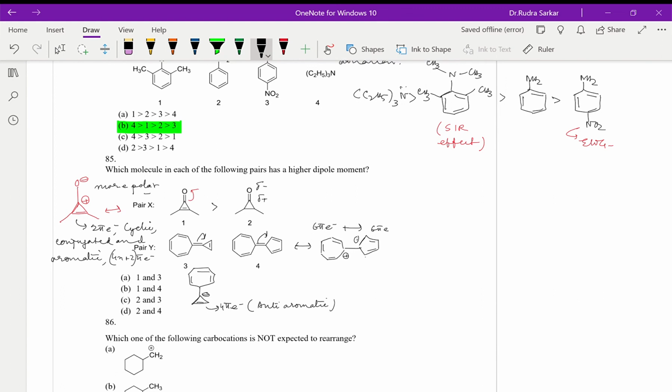So there is no separation of charge in this molecule 3. So that means molecule 4 will be having higher dipole moment than that of the 3. So over here our answer will obviously be 1 and 4. That is option number 4.